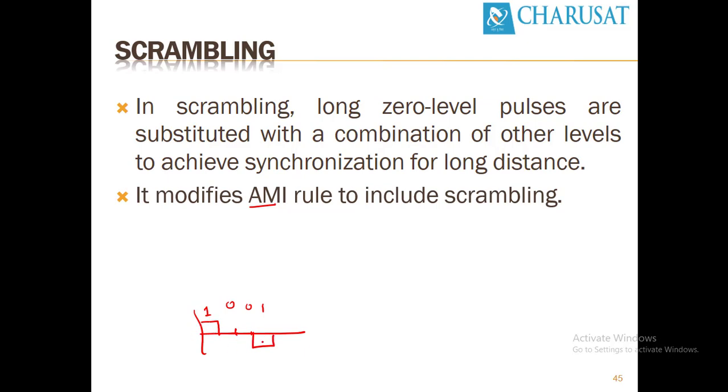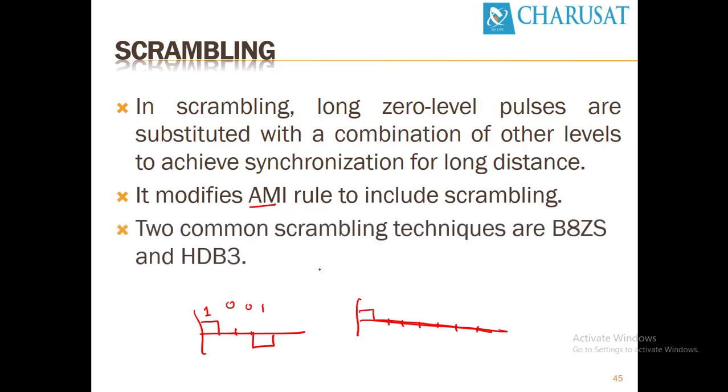So this is the AMI method. But in the AMI method, if there is a long sequence of zeros, then it suffers from a DC component as well as baseline wandering. So the scrambling method modifies the AMI rule to include scrambling. Let's see how it can be done. There are 2 methods available: B8ZS, and the next one is HDB3.